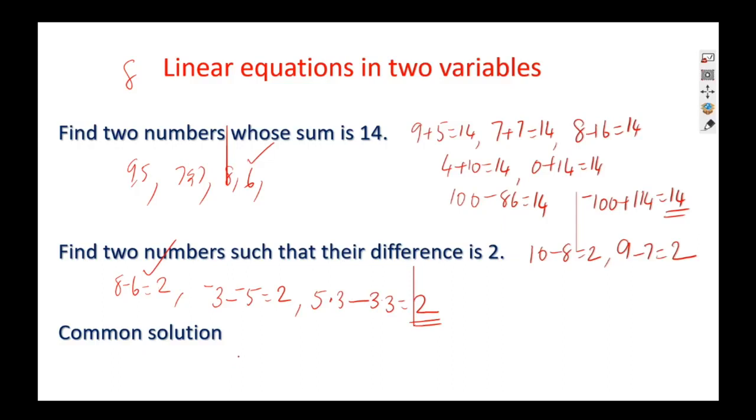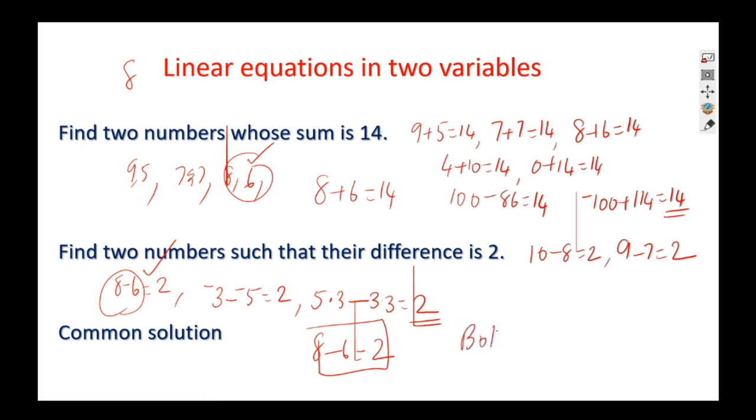Many are there, but 8 and 6 is common, I found. That means if you add 8 plus 6, it is 14. If you subtract 6 from 8, it is equal to 2. So 8 and 6 are such two numbers, the only common solution here, which satisfies both equations.